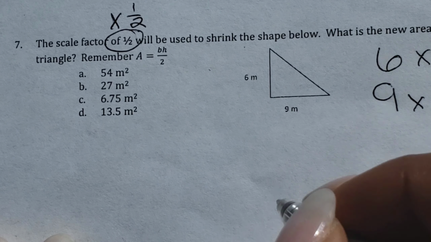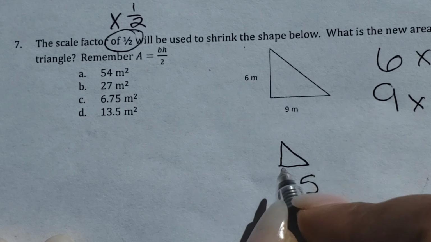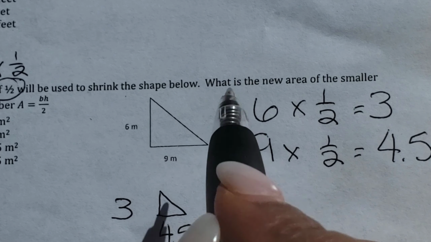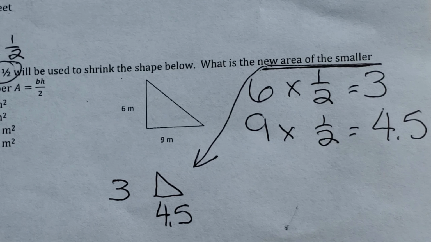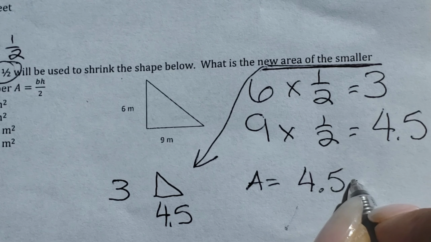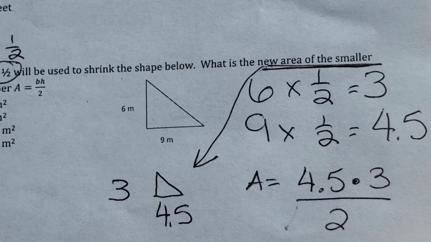You know, Miss Williford, I love to draw a new triangle out just because it helps me with my formula. My base is going to be 4.5 and my height is going to be 3. So now I need to find the new area of the smaller triangle. I plug in my numbers. I have A equals 4.5 times 3, and I divide that whole thing by 2, which is then going to give me 13.5 divided by 2.